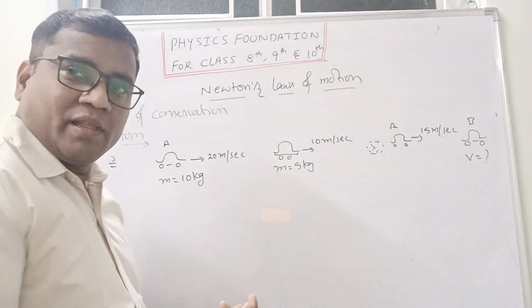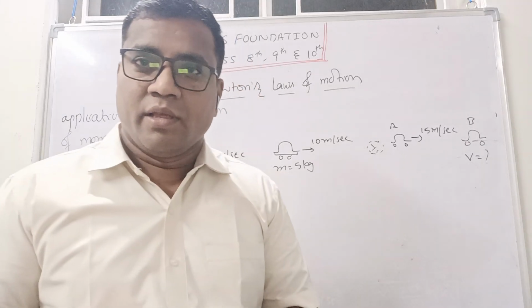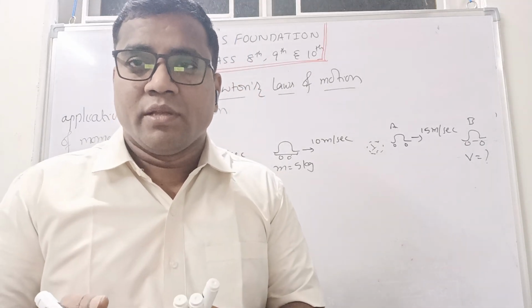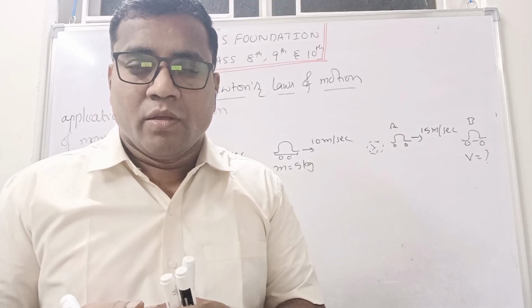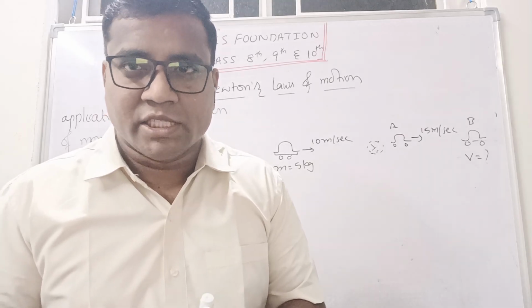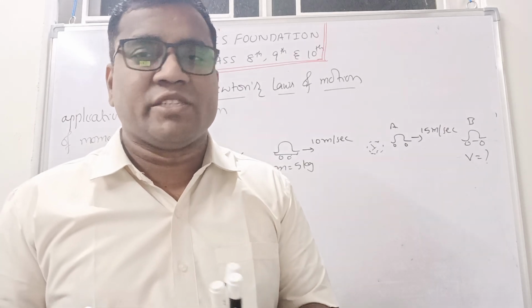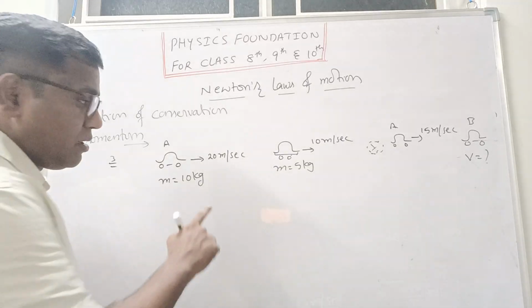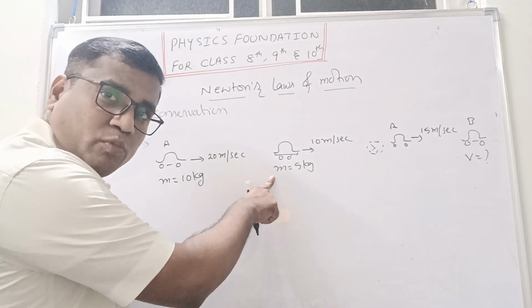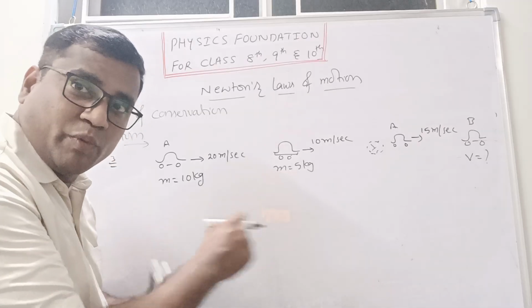Again here, there is no external force. If there is no external force, momentum will be conserved. Momentum conserved means initial momentum is equal to final momentum. I will apply it like this only. Both cars are moving, so both have some initial momentum.